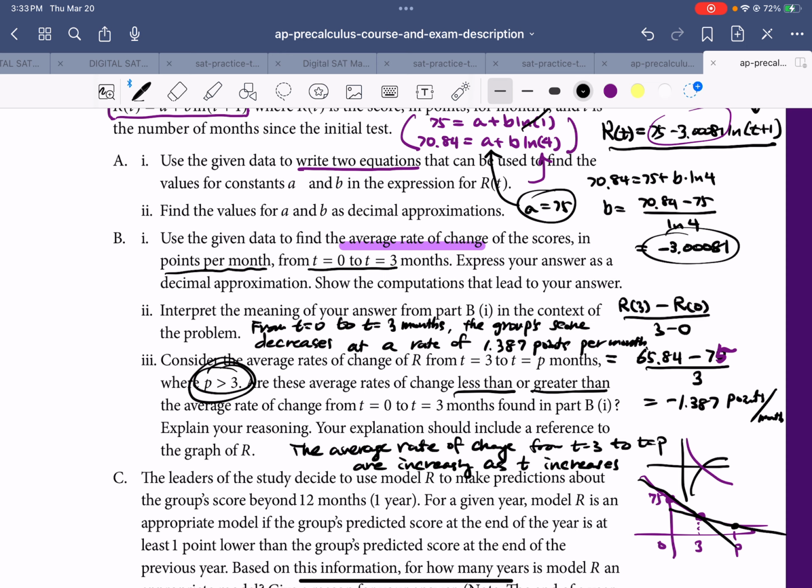Okay, because the graph is less steep, and for negative values, a less steep slope means a greater value. So that's the answer.